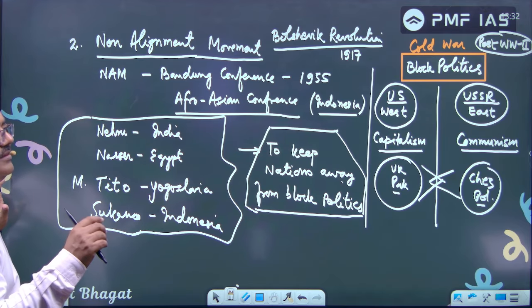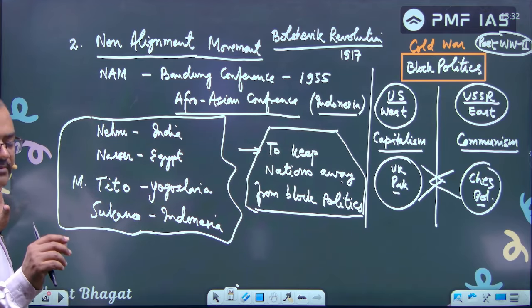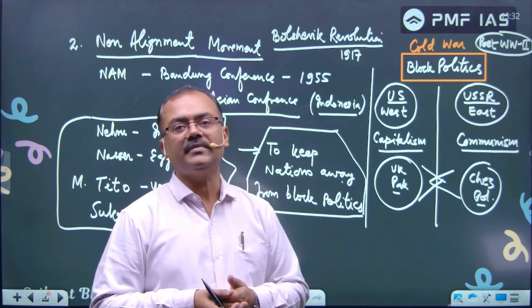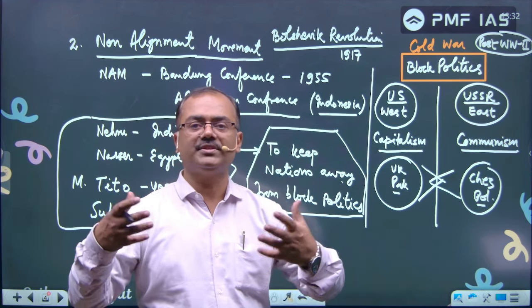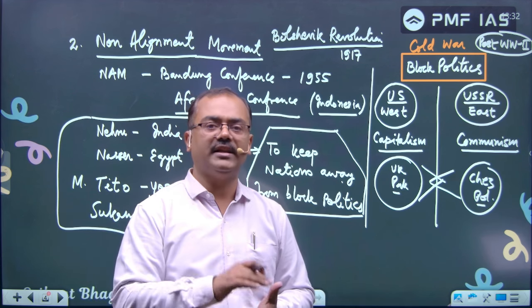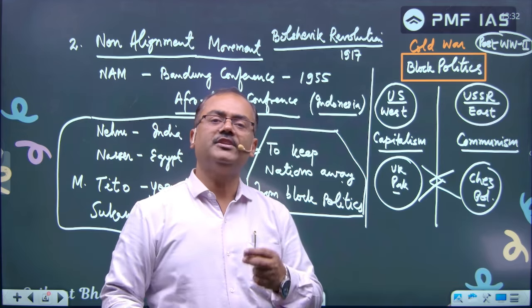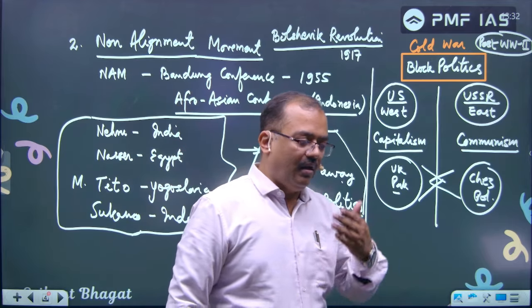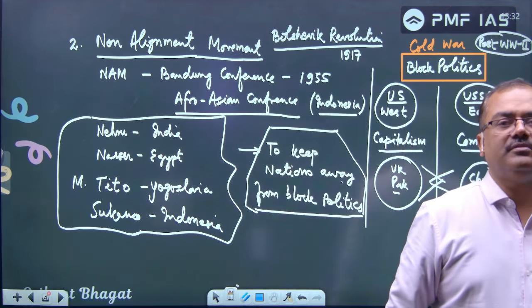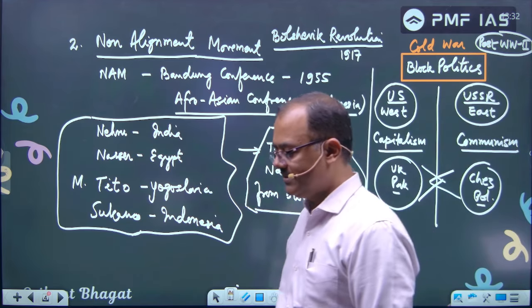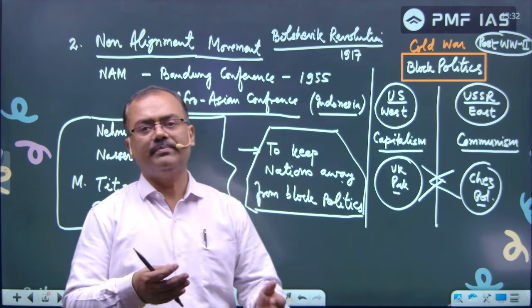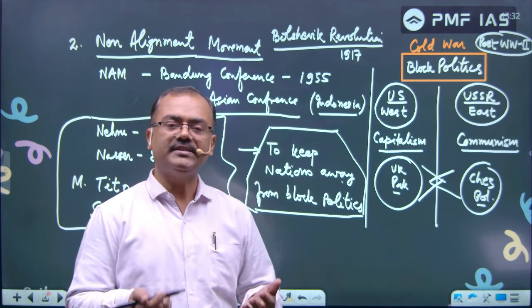But sometimes it was felt that non-alignment lost its relevance. It happened especially after the 1962 war. In 1962, when the war between India and China took place, Nehru had to approach the US for some military support, air defense related support.